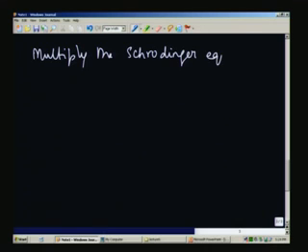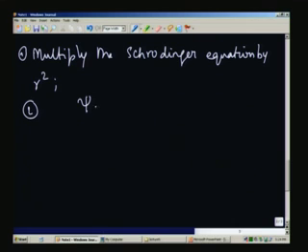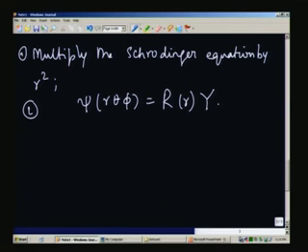The first thing is, let us multiply the Schrodinger equation by r square. Let us write the overall wave function psi of r, theta, phi. For the time being, let us write this as a product of a radial function R, which depends only on the radial coordinate, and a function which depends on theta and phi.